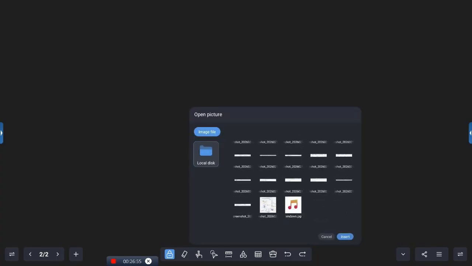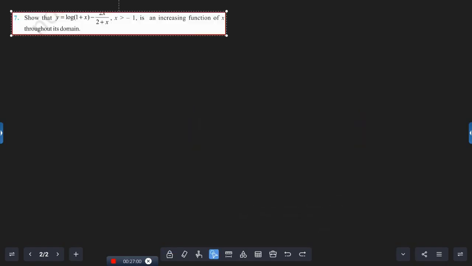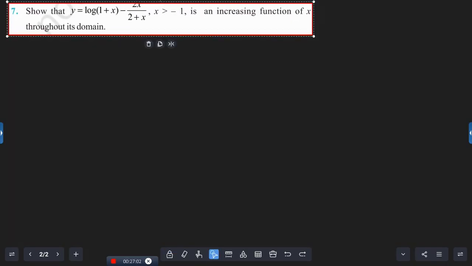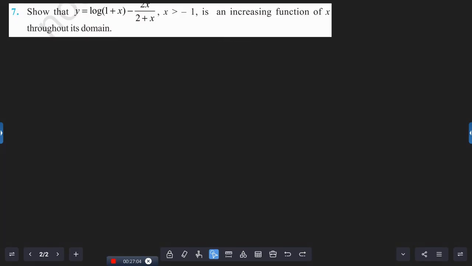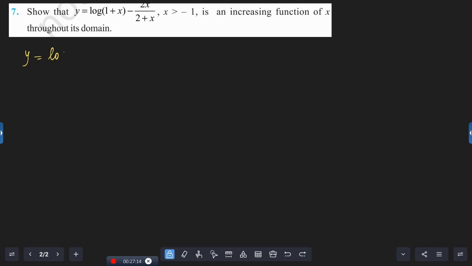Next, the 7th one. Just see. For the 7th one, what they give: show that y equal to log of 1 plus x minus 2x divided by 2 plus x, where x is greater than or equal to minus 1.